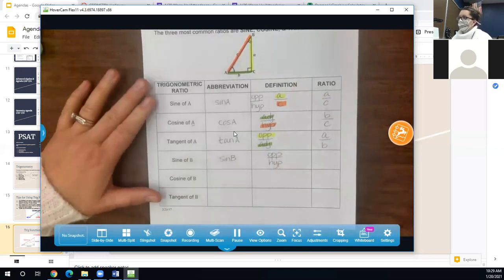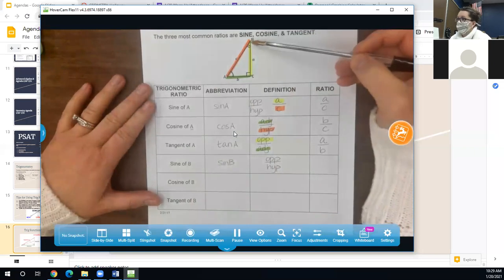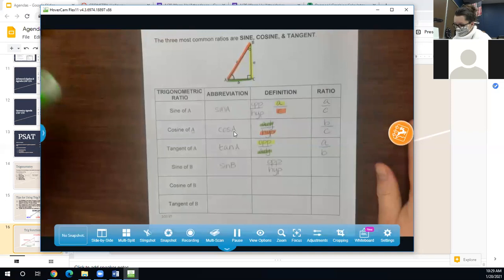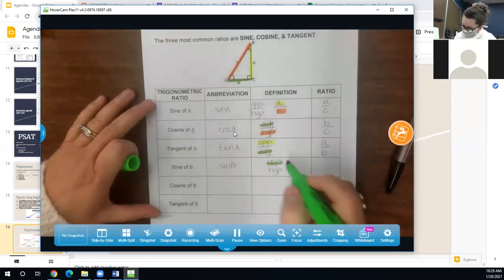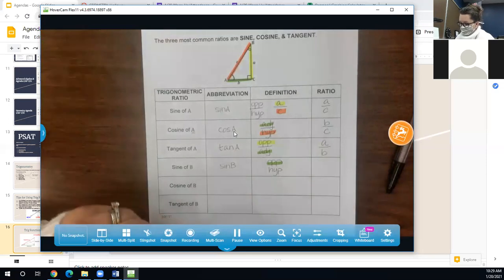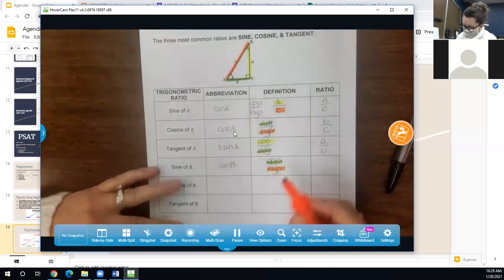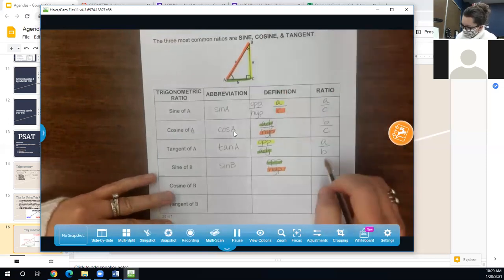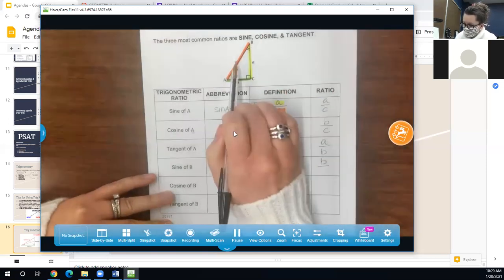It's a little bit different for B though, because B's across the street neighbor is little b over here. Different from sine of A, right? But hypotenuse always stays the same. Okay, so my across the street neighbor is b and my hypotenuse is c.